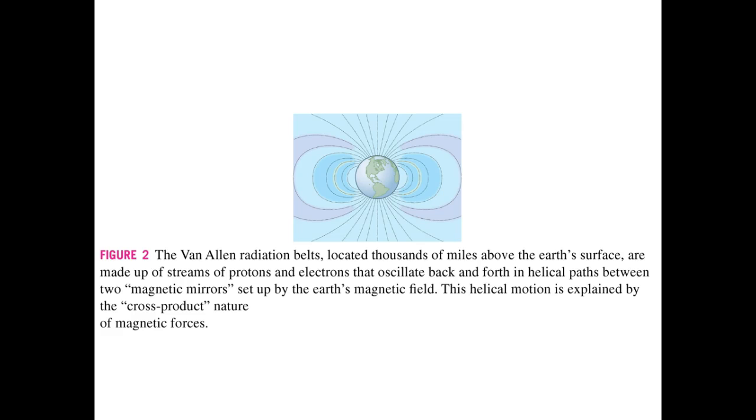This helical motion is explained by the cross-product nature of magnetic forces. So again, you've got protons, electrons, which are charged particles moving, so that implies electric fields and magnetic fields. You get cross-product activities here.